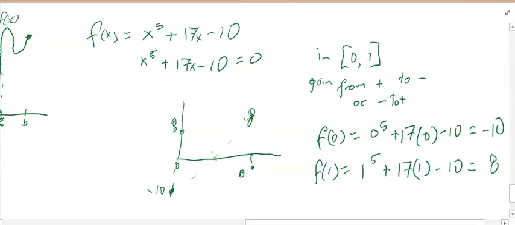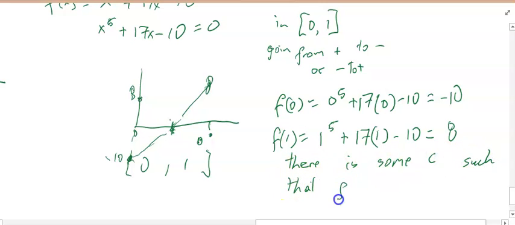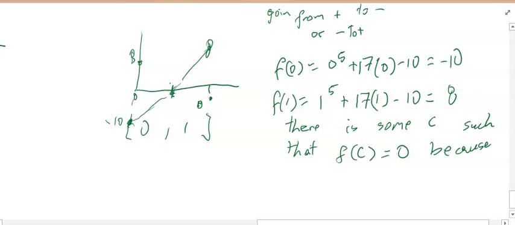And so we have shown that somewhere in this region, 0 to 1, there's some x value, we don't even have to say exactly what it is, but we know there is some c such that f of c is equal to 0, because we have moved from negative to positive.